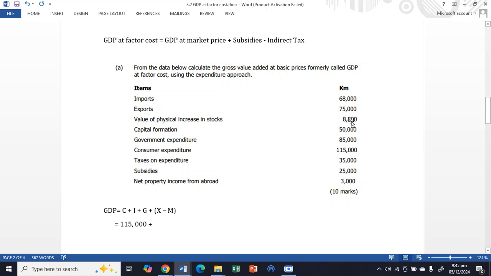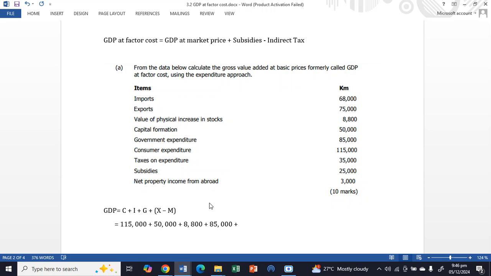So you say 8,800 plus 50,800, plus government expenditure 85,000. Plus our net exports.